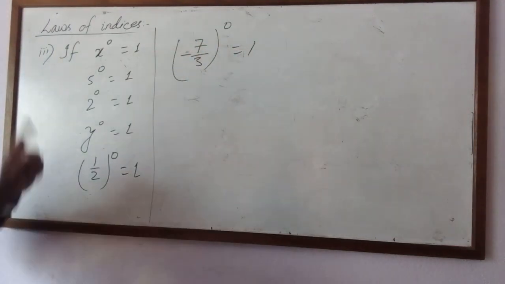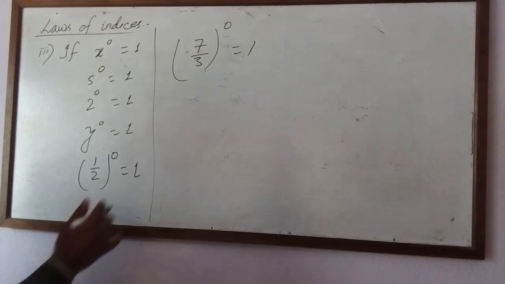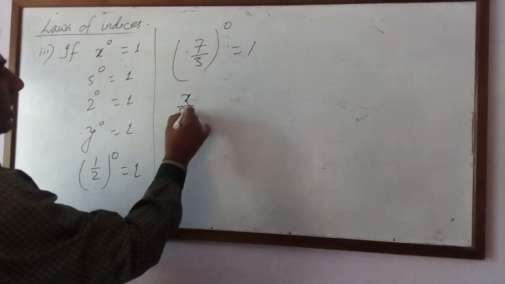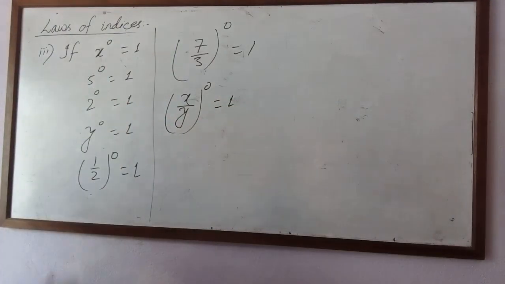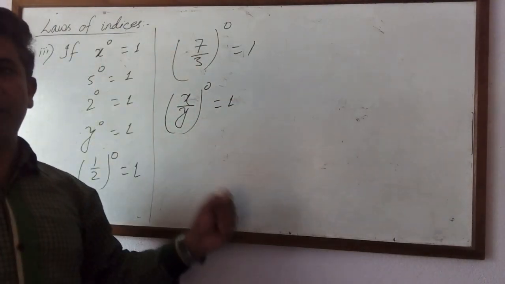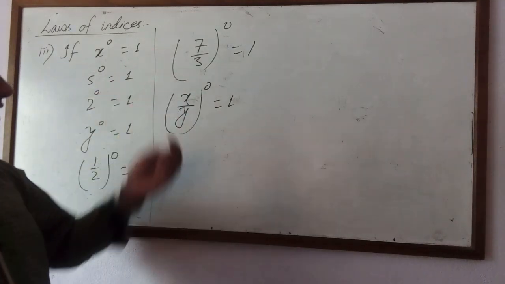Whatever it is, if the power is 0, the value will always be 1. Okay, 7 by 3, 1, x by y power 0 also 1. Now the meaning of this is, when the power of any term, number, or variable, whatever it is, is 0, then its value will be 1. This is also a formula.